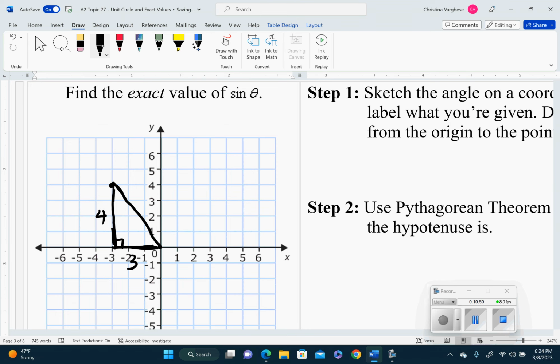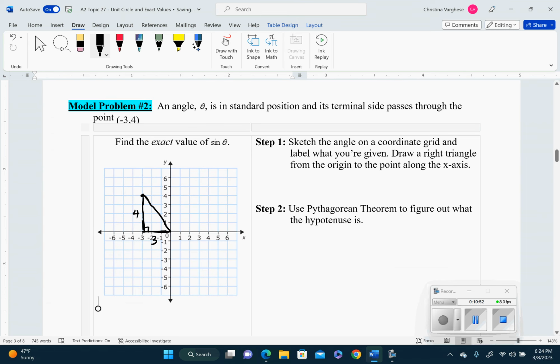Now it says once we've plotted the point and drawn our triangle, sketch the angle on a coordinate grid and label what you're given. Draw a right triangle from the origin to the point along the x-axis. Done. Now it says use the Pythagorean theorem, a squared plus b squared equals c squared, to figure out the hypotenuse.